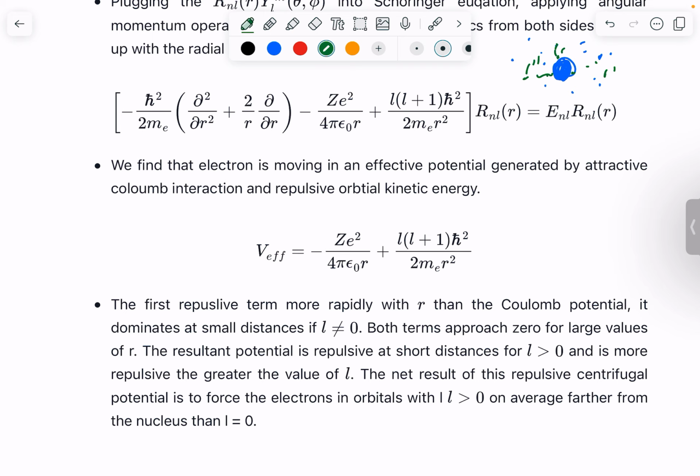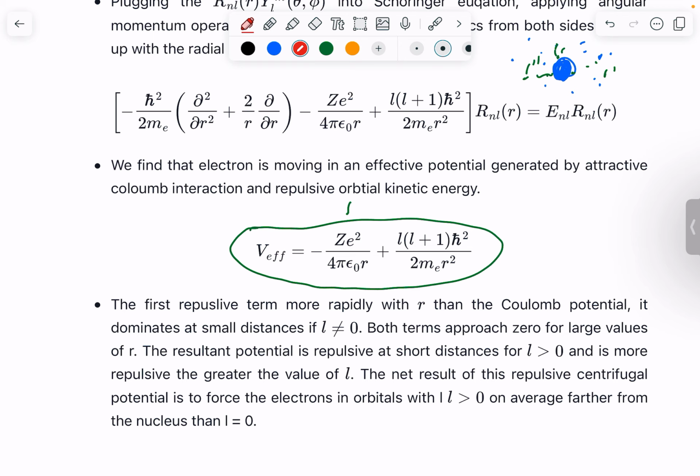Now let's try to gain some intuition here, because we see some terms whose effect on the behavior of the electron we can clearly recognize. There is this potential energy form that contains the attractive term. There's a negative sign here. Pay attention, that negative sign has a stabilizing effect. It tries to bring the electron as close to the nucleus as possible. But then we have another term that acts oppositely.